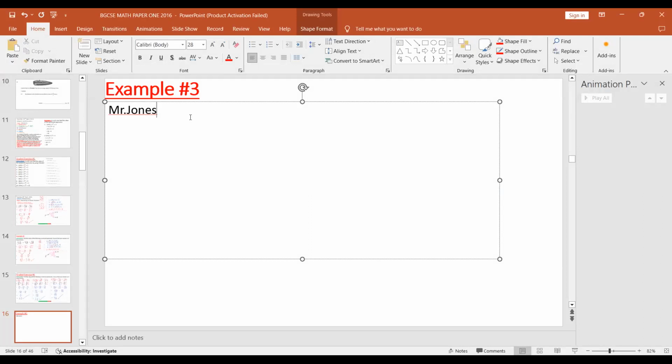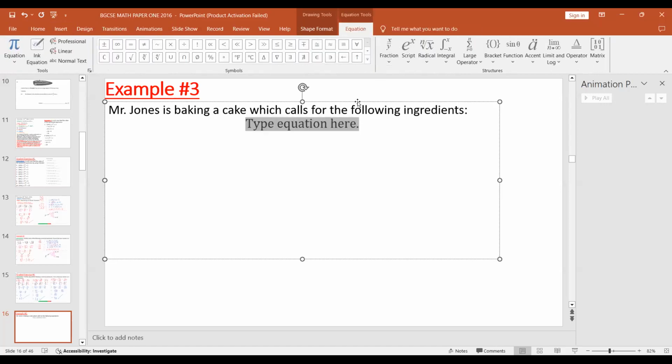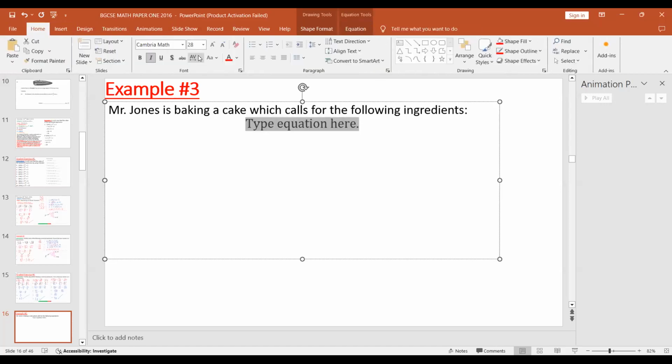We have Mr. Jones, and it says Mr. Jones is baking a cake, which calls for the following ingredients. What are the ingredients? Well, we're going to need eggs.